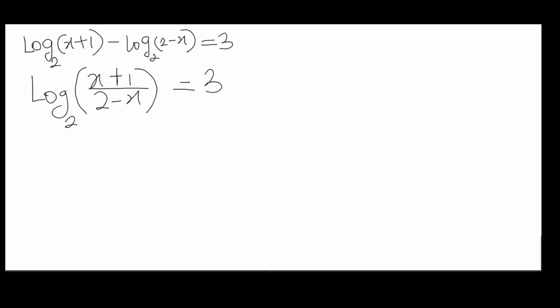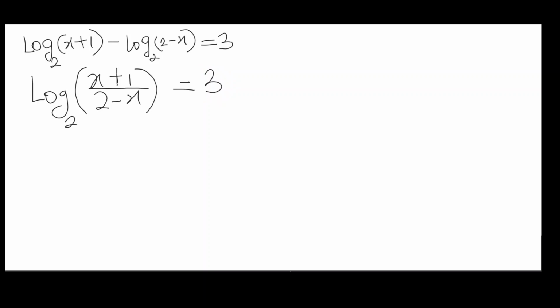The best way to get rid of it is to make the number 3 a logarithm also. There are other means, but the approach I'm going to use is to make 3 a logarithm, then compare the left hand side and the right hand side.